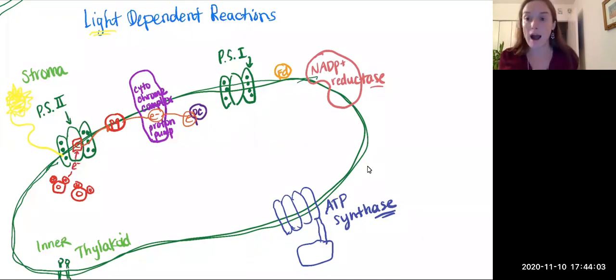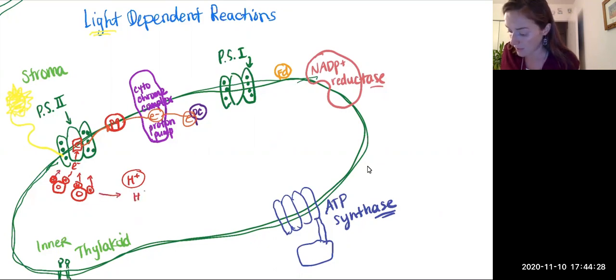And remember that hydrogen is just a proton and an electron. So if you take away the electron, you're left with a proton. And so that's H plus, another way of saying a proton. And so each of these, as the electrons get continuously handed off down the chain, each of these hydrogens in water is going to give up an electron, and the proton from it will move into the thylakoid space.